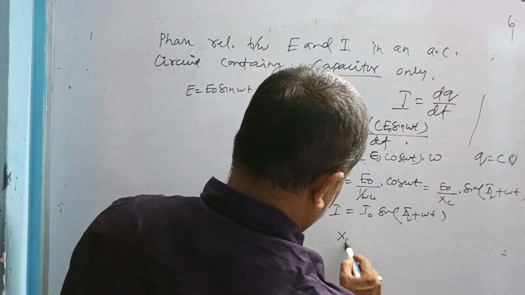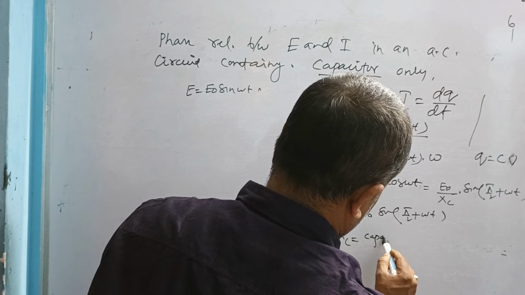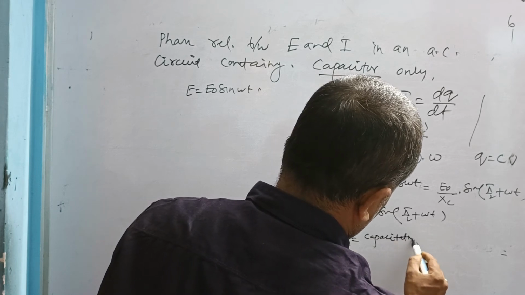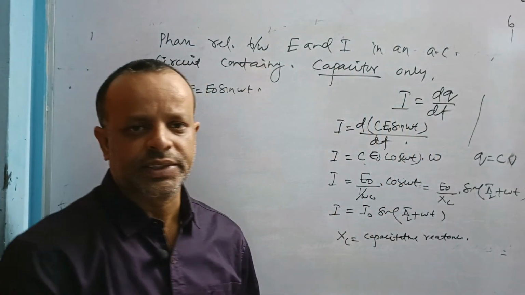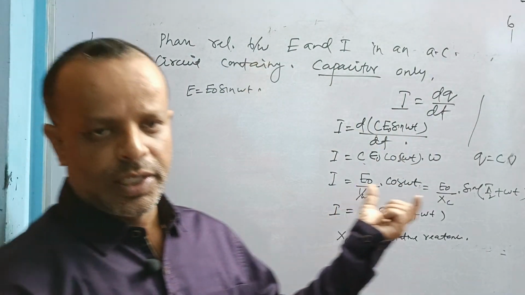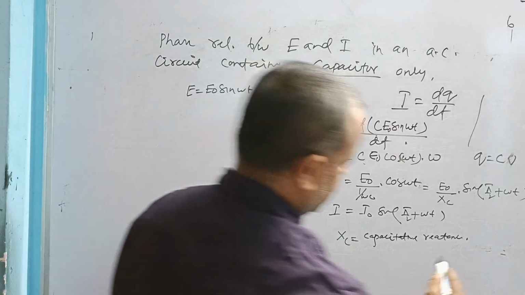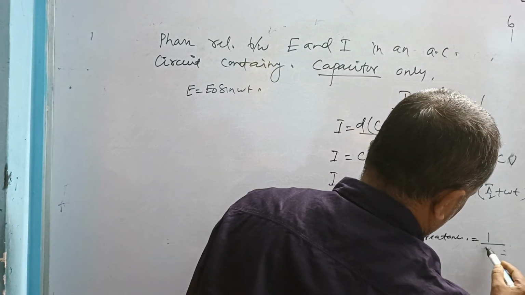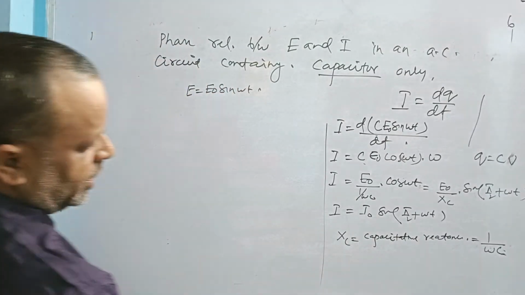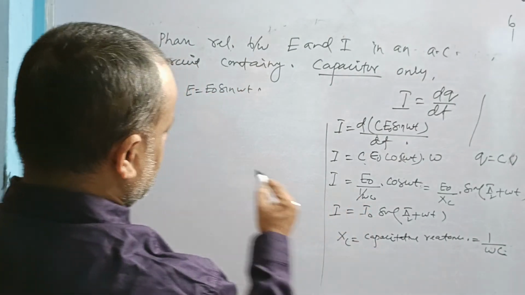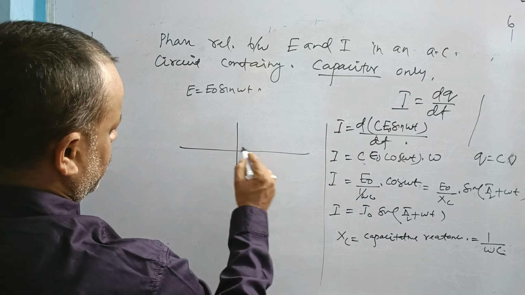See, what is this XC? XC is basically capacitive reactance. Basically, it is the counterpart of resistance in the case of capacitor, and its value is what? 1 upon omega C.